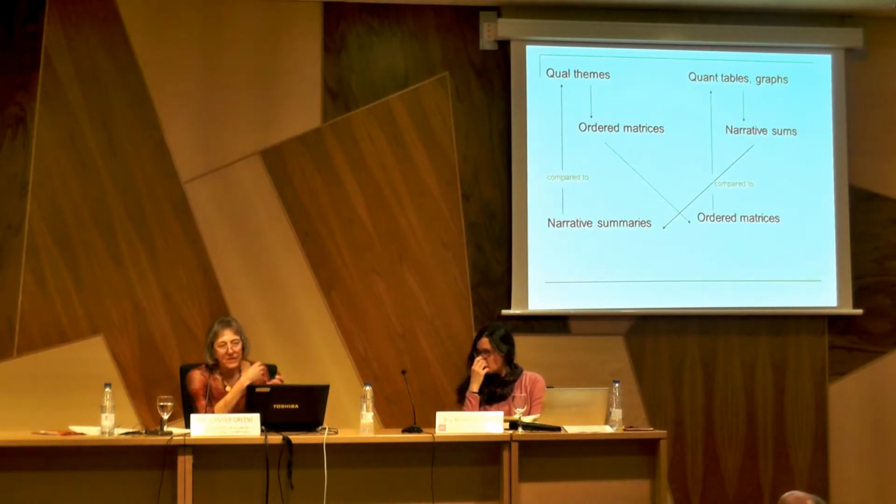So they put each data in the form of the other, which allowed for easier comparisons. It's hard to compare tables and graphs with narrative themes. It's just hard, cognitively. So they transformed each one to allow for an easier comparison.